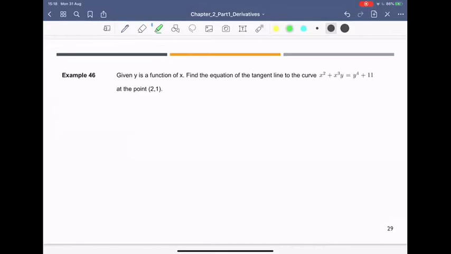Given that y is a function of x, I want to find the equation of the tangent line to the curve here at the point (2, 1). Again, you have two ways to do it. First, if you want, you can simplify to y equal to f(x) and then compute y prime from there. Is it recommended? No. Because if you simplify this, how do you simplify that?